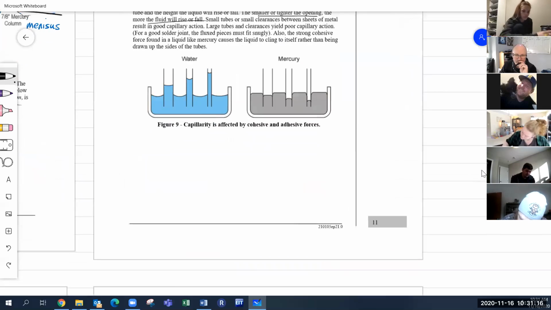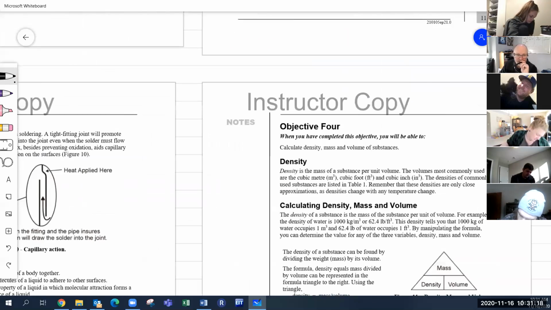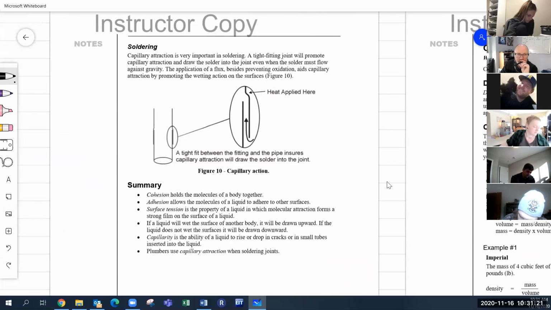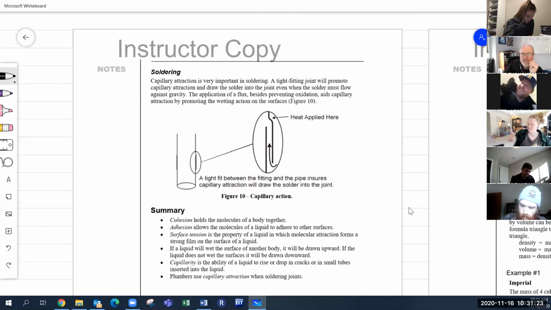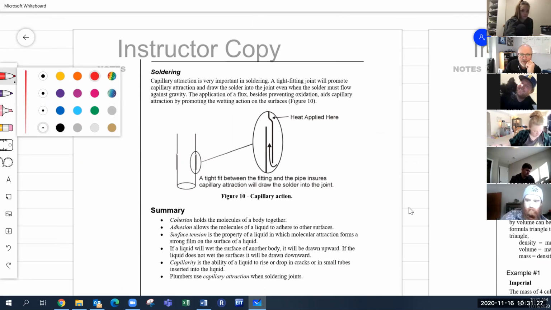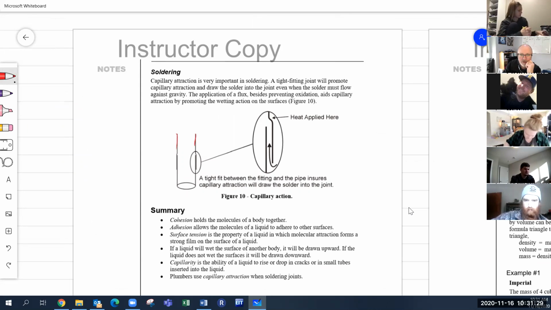And then it shows some capillarity from different things. But here we go. Now, soldering, as you can see in here, if this was copper pipe in here, and we have this hub fitting. Now, there's a couple of things that happen here.